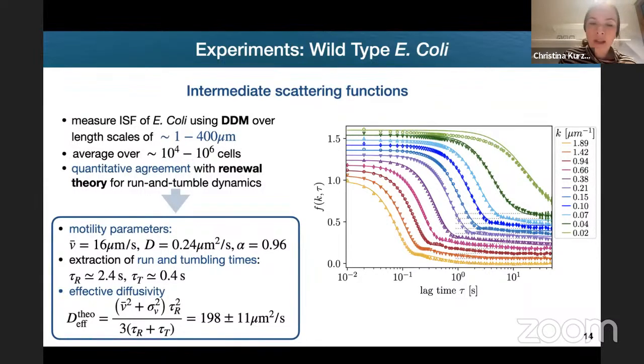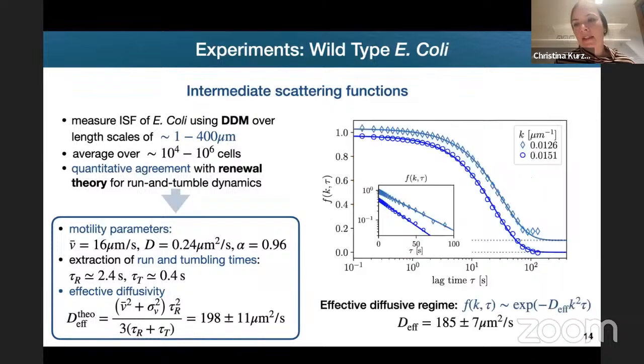The speed fluctuations take about, I think, 20% of that diffusion coefficient. To check whether what we find is reasonable, we can look at the intermediate scattering function at even larger scales. What we see at these large scales is that they relax like simple exponentials, so we can fit this data to an exponentially decaying function with an effective diffusivity.